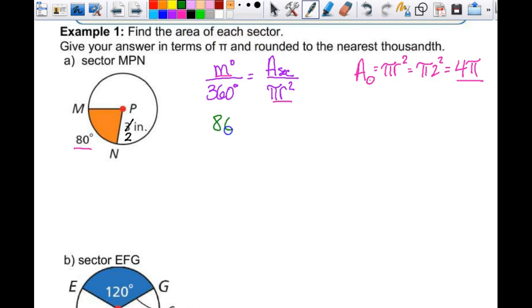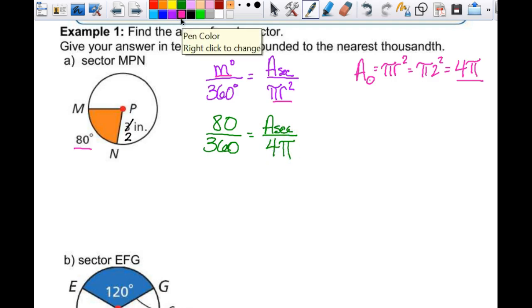So I'm going to get 80 over 360 equals the area of the sector over 4 pi. So remember, it's going to make your life easier if you do very minimal reducing right here. Okay? What should I do? Knock out the zeros. Now, somebody did ask me yesterday, every time they both end in a 0, you can just cross them out? Yes.